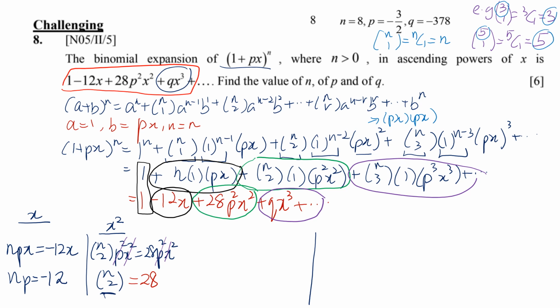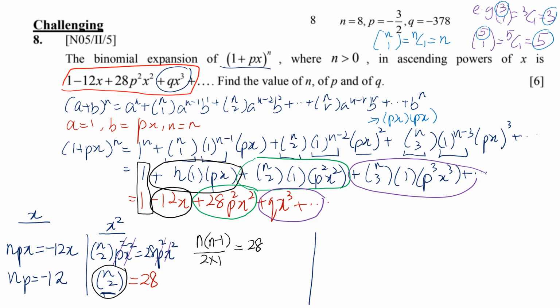So this one here can actually be simplified into n, followed by n minus 1, divided by 2 times 1. I have a video that explains how you can evaluate this. I'll post the link in the comments page, and you can just click on the link to find out more about how to evaluate n choose 2.